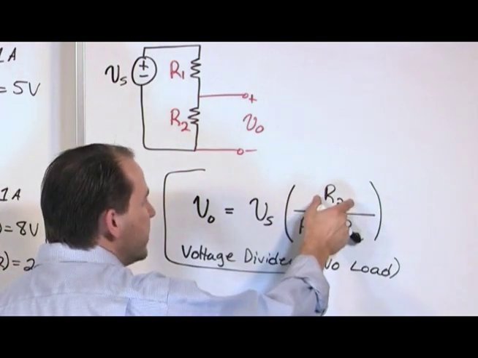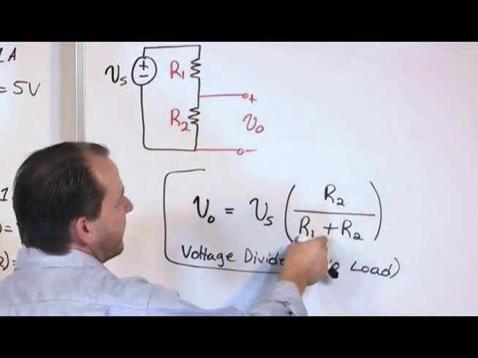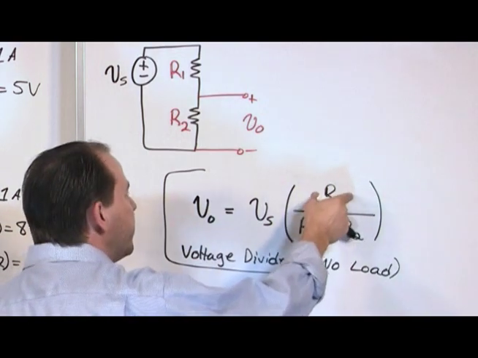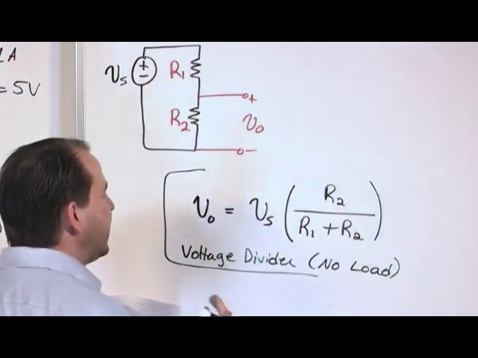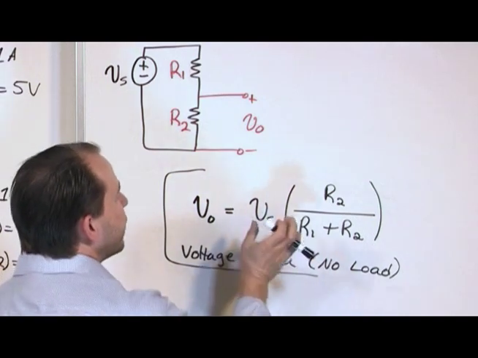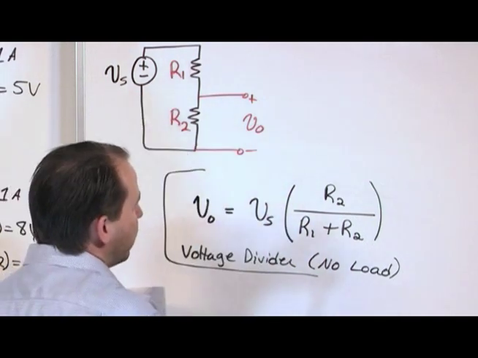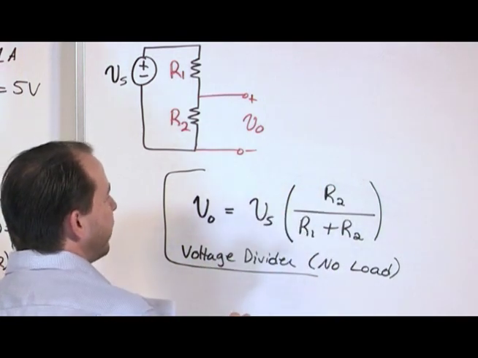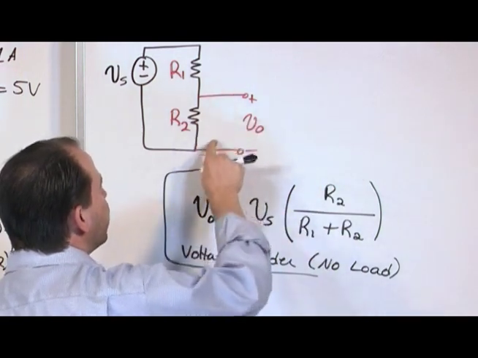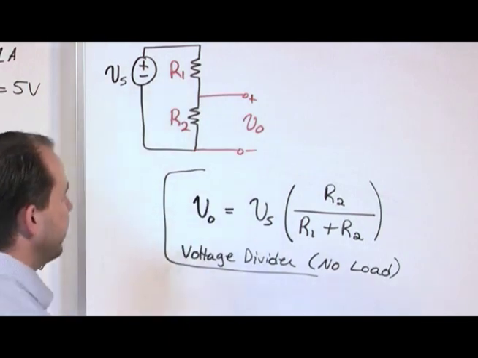Because if this is 1 million, and this is 1 ohm, it's going to be 1 million divided by 1 million and 1. So you're going to get 0.999 something, right? And then you're going to multiply by the 10 volts you started with, or whatever it is, a number close to 1 times your source voltage. It means that almost all of your voltage drop is going to be across this resistor.